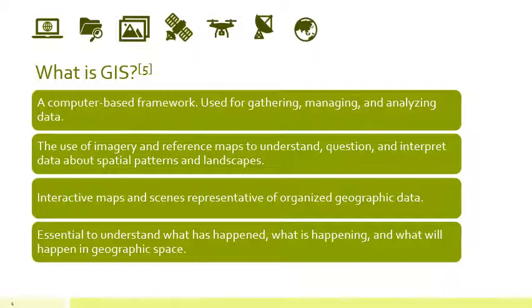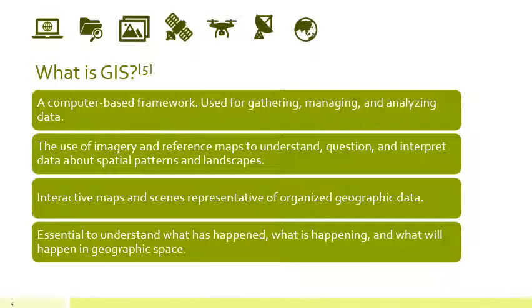GIS is essential to modern ways of understanding what has happened, what is currently happening, and what could potentially happen in the future within geographic space. I would like to carefully highlight the differences between geographic representation and cartographic representation because GIS is not cartography.